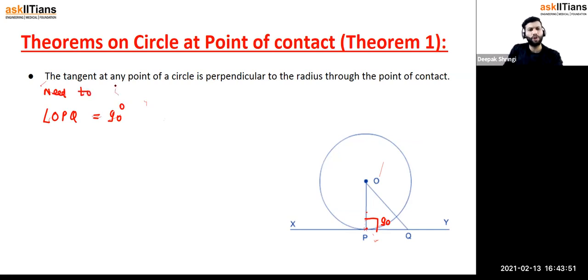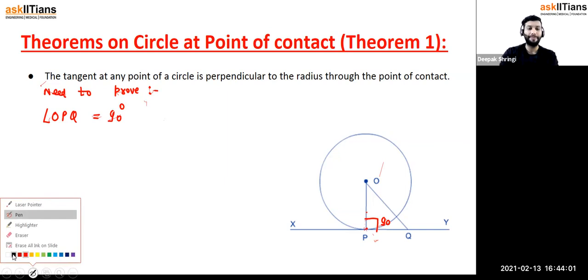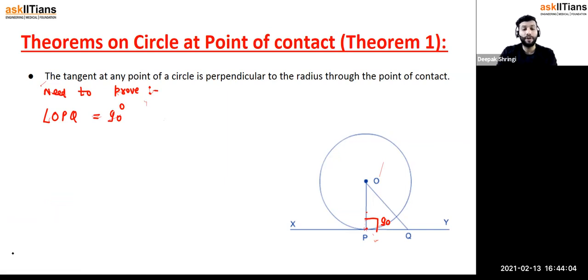Okay guys, now to prove it, we need to understand one very important point. Just let me know if you remember this. The minimum distance of a line from a point is the perpendicular distance, right? Everyone knows that? If not, let me explain.